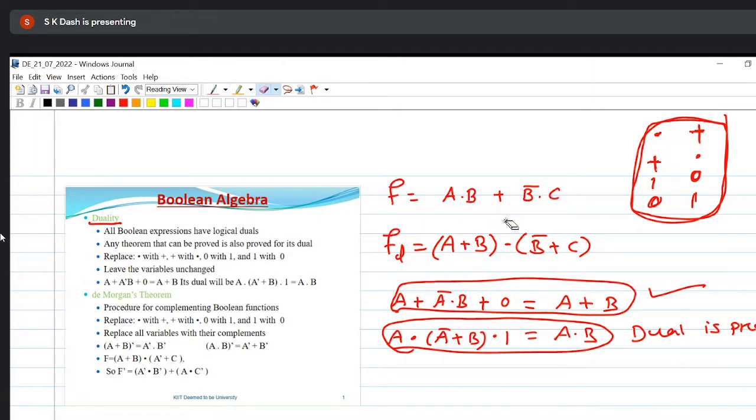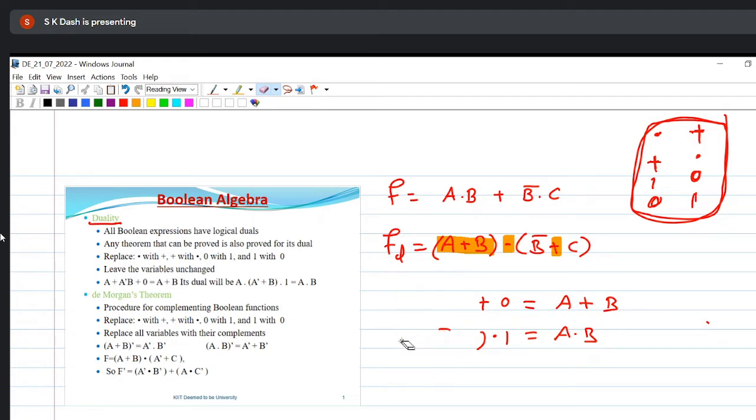In this example, we just replace dot with plus, and here plus with dot, here dot with plus. Whatever function we get, that is called a dual function. Is it clear? Yes, sir, clear. Just replace this much only.